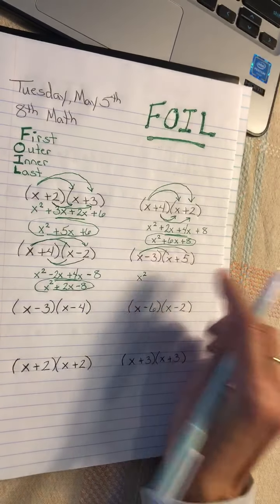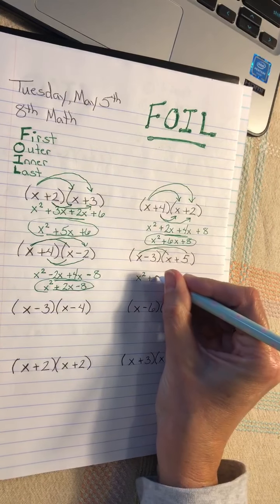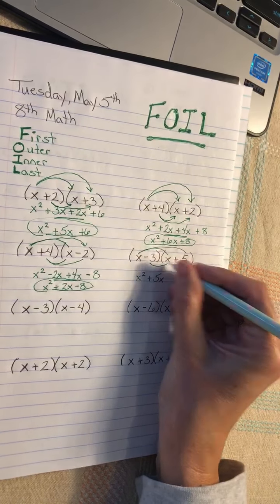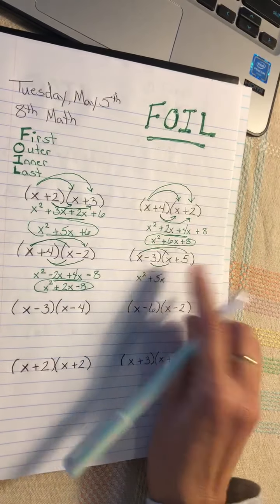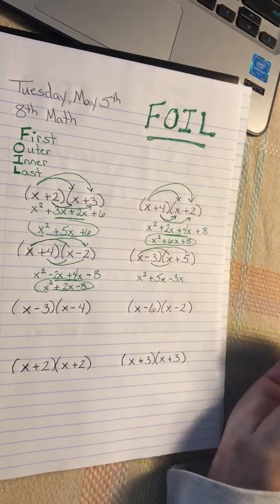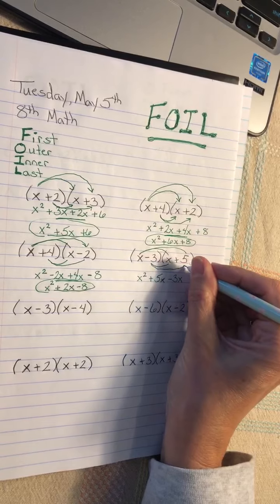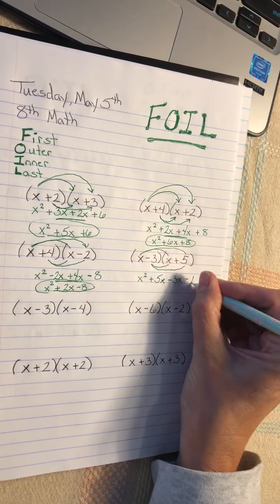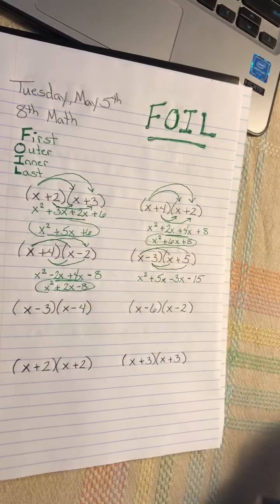Outer, x times 5 is 5x. Inner, negative 3 times x, negative 3x. Last, negative 3 times 5 is a negative 15.